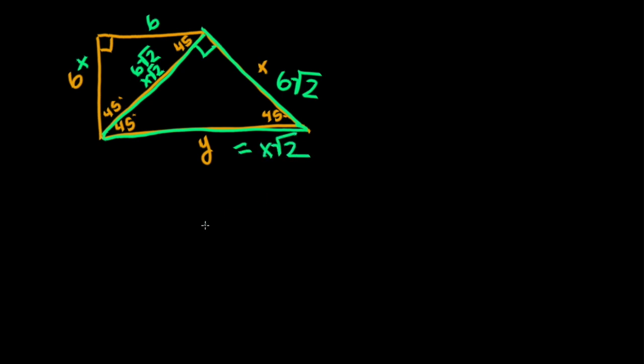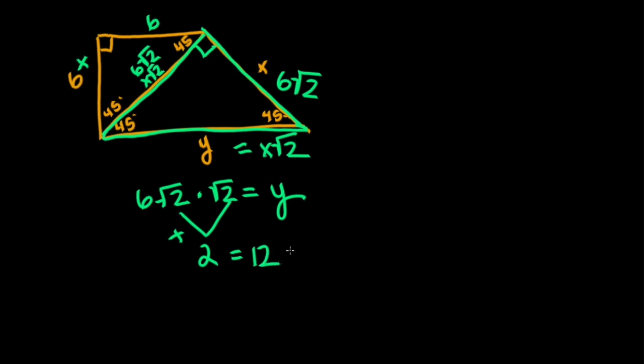So now all we have to do is plug in our x. So our x is 6 times the square root of 2, times the square root of 2, is going to equal y. The square root of 2 times the square root of 2 is 2, and 6 times 2 is going to equal 12. So our y value is going to equal 12.